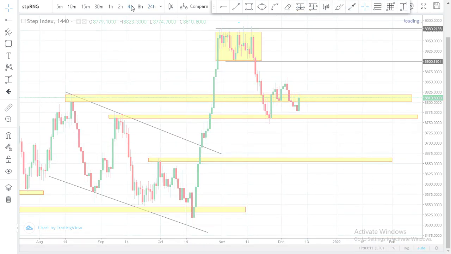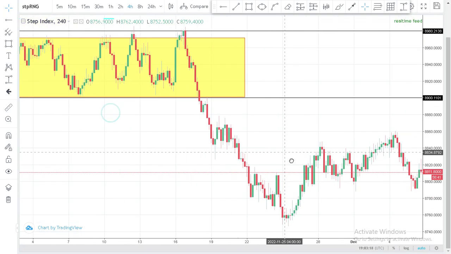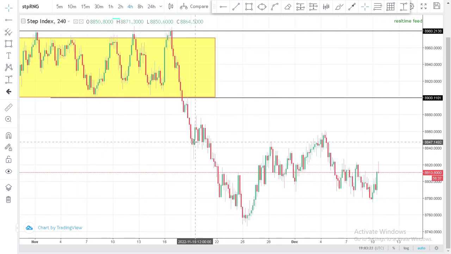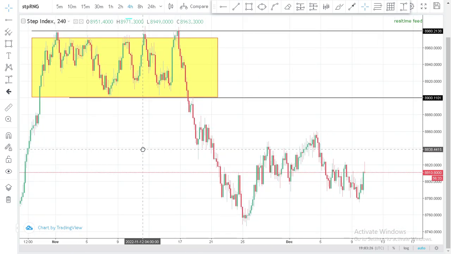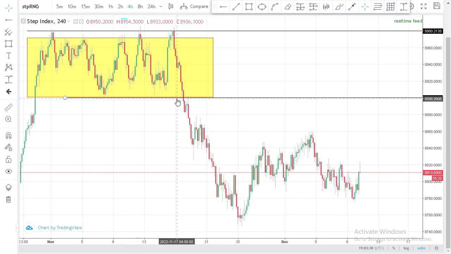Switching to smaller time frames, you might see a lot of things here as well. As you can see, it's the same thing, it hasn't changed.